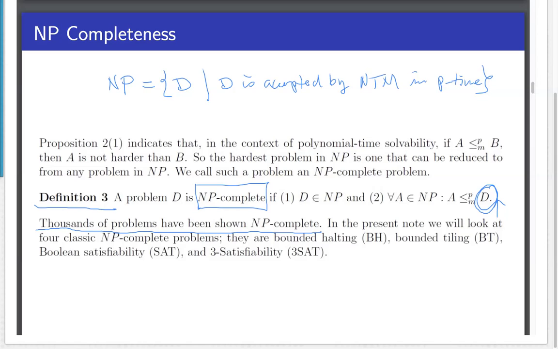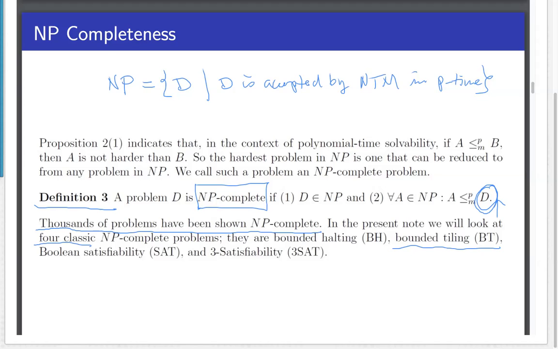In this video, we are only going to show four classic NP complete problems. They are bounded halting, bounded tiling, which is called Levin's theorem also, and bounded satisfiability, which is called Cook's theorem.